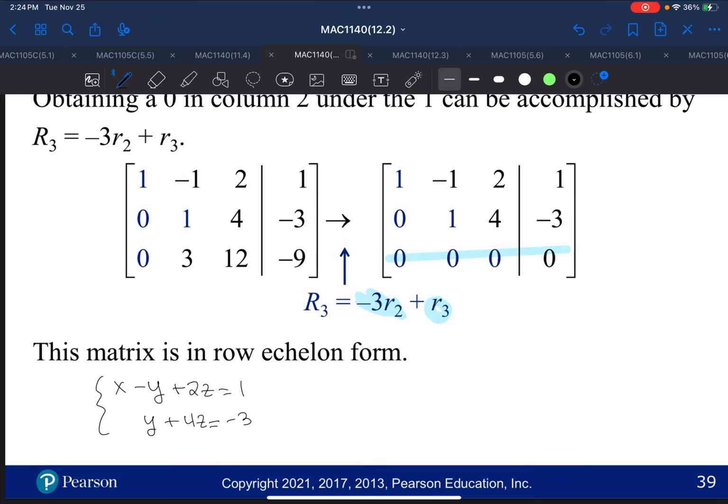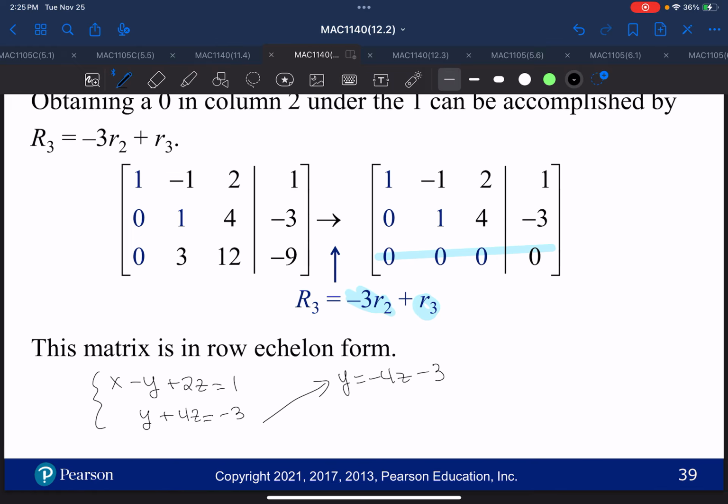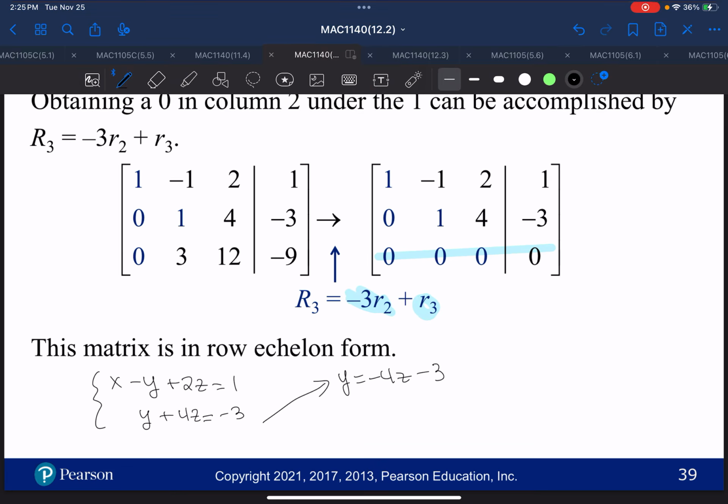So I'm going to solve both of these for z. I'm going to start with the first one. So y would be equal to negative 4z minus 3. And then the next one, for x, I can plug in what this equals for y, into this equation.